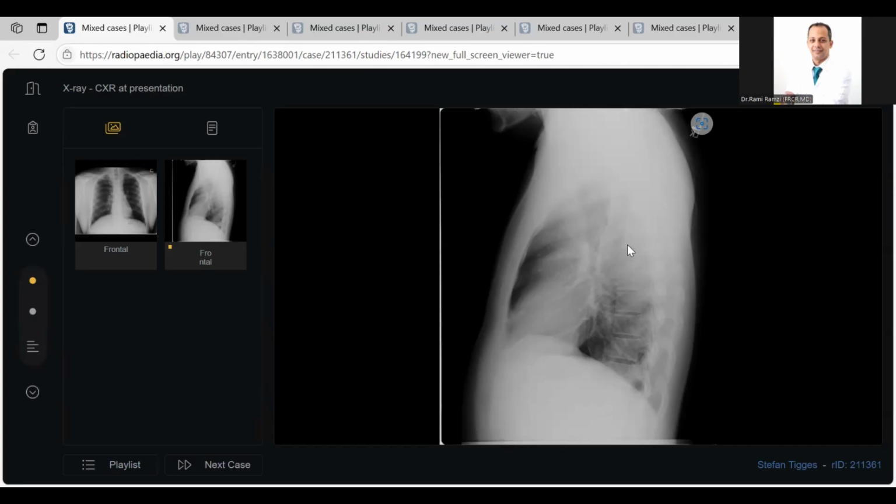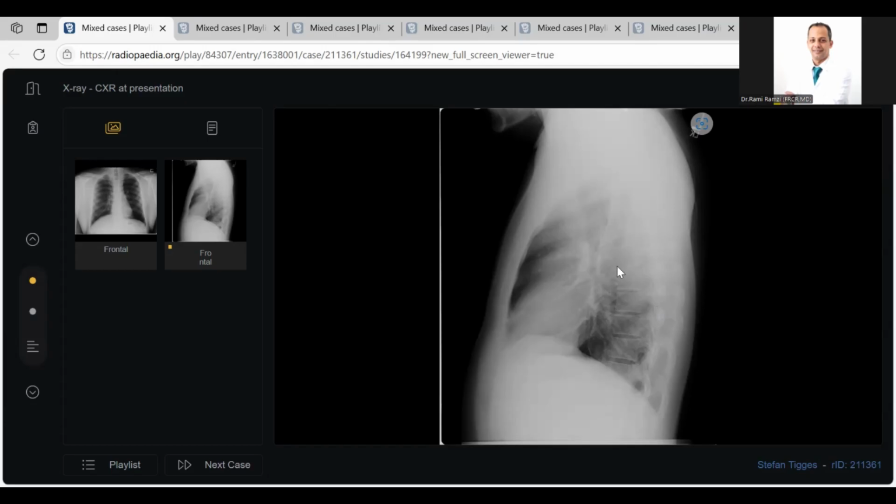When we go down, there are more gases, normally. The spine should be more visible here.